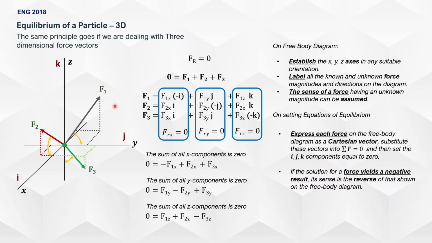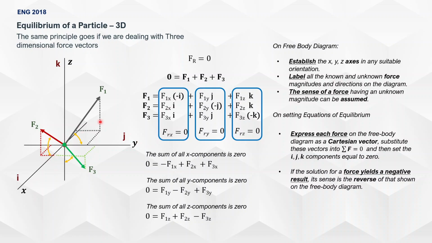Each force vector has its own x, y, z components, and the summation of the resultant force is equal to 0. I forgot this is a vector, by the way, so that should be in bold. The summation of force vectors F1, F2, and F3 is 0, and you can express them in Cartesian vector form to know the x, y, z components appropriately.